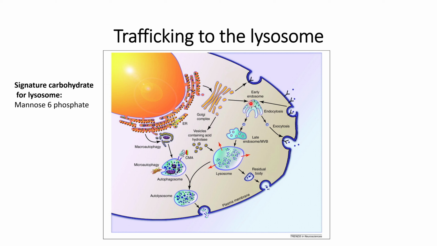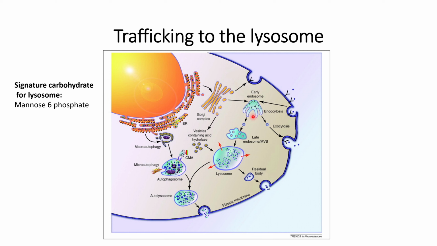And while moving to the early endosome and lysosome, due to the acidification, the mannose 6 phosphate receptor and the hydrolase separate, and the protein is broken down because of the acidic pH in the early endosome and lysosome.